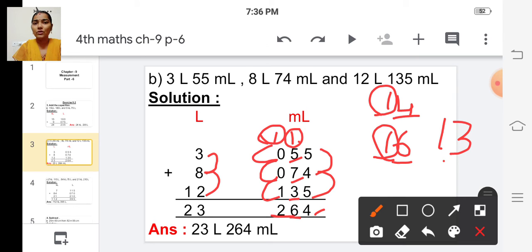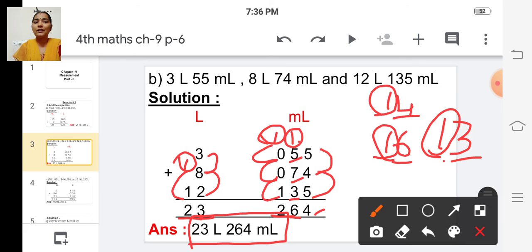So what we have to do? We have to write this 3 in the answer and carry over this 1 to the next place. Now add 1 plus 1 is 2. So the answer is 23 liter and 264 milliliter. That is the answer.